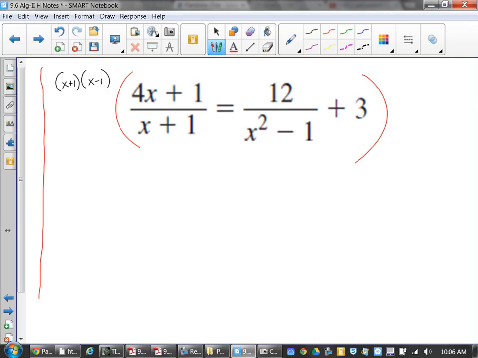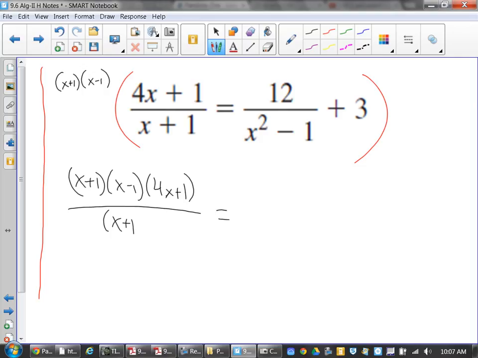All right? I'm gonna do this one long form so you guys can see where these terms are going and why they drop out. First one, you get x plus 1, x minus 1, 4x plus 1, all over x plus 1.